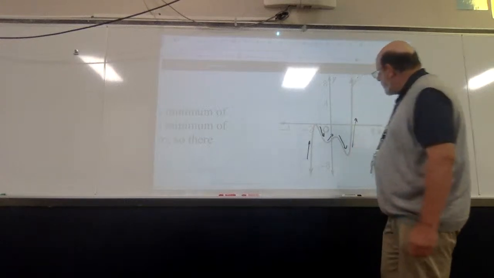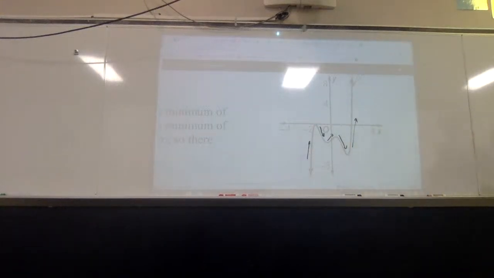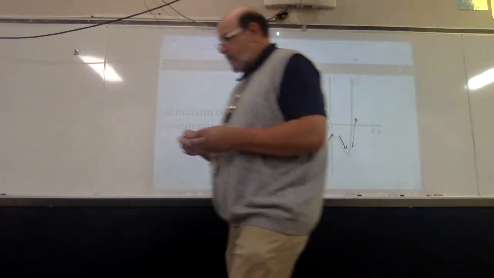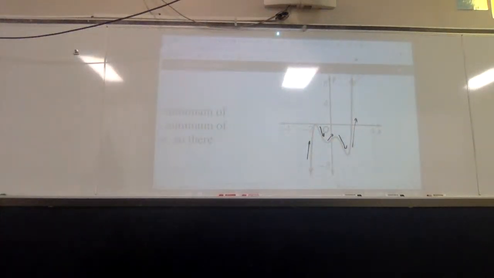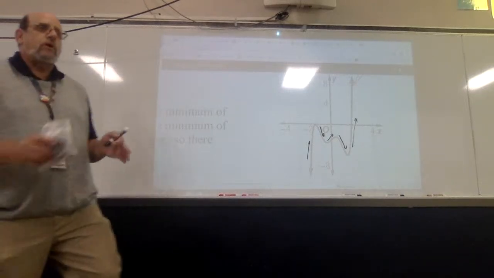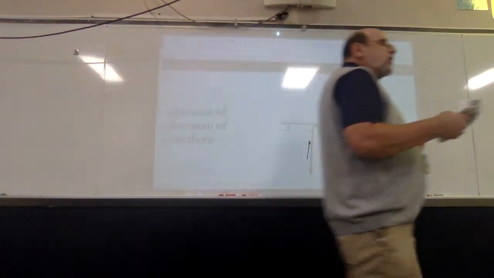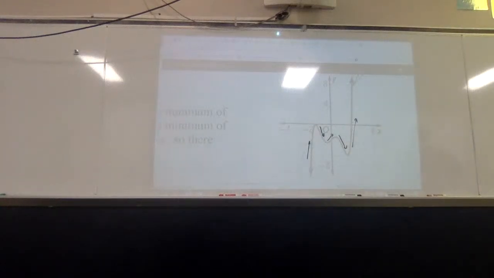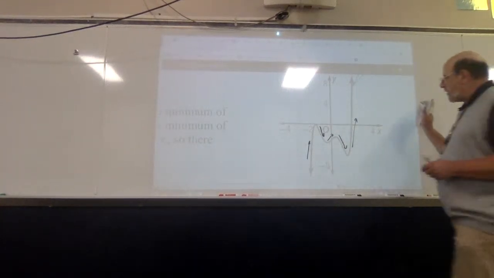There you go, right? Now, where it turns, it says on the paper, where it changes direction, that point is called a critical number. Now, we're not going to deal with critical numbers in this class, but if you have to take a calculus class, critical numbers are your best friend, right?